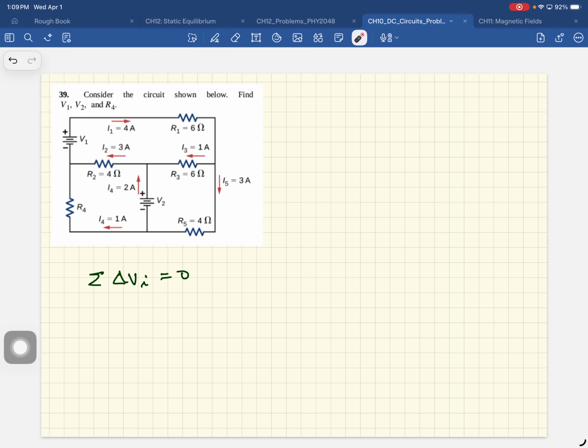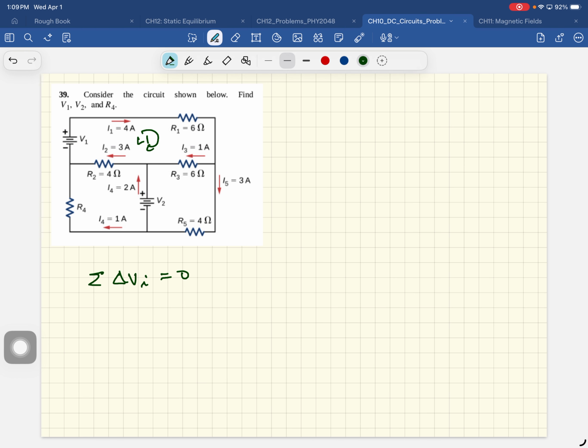Now, how many elements are there in this loop? There are 4 elements: 1, 2, 3, 4. So there will be 4 terms. We'll go around the loop starting here, like that.